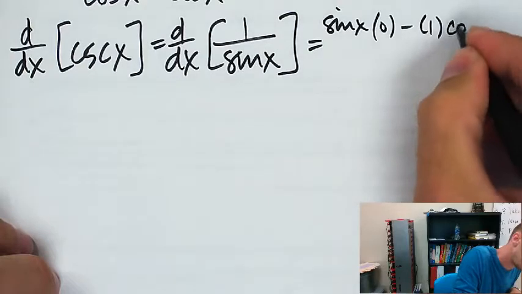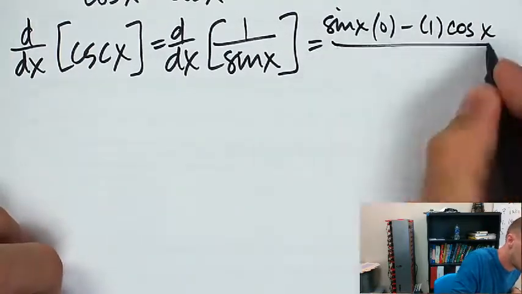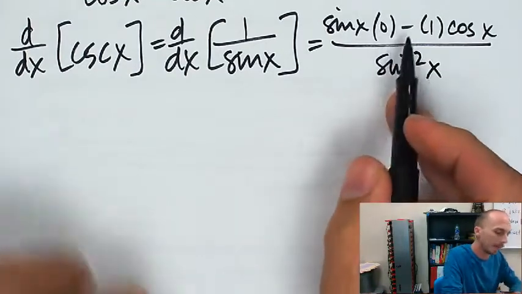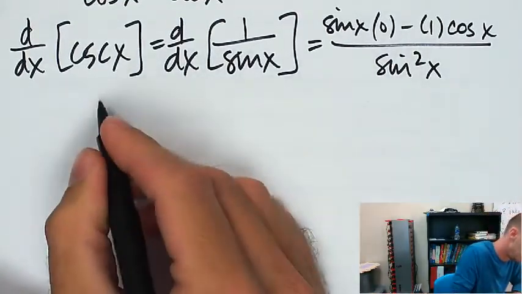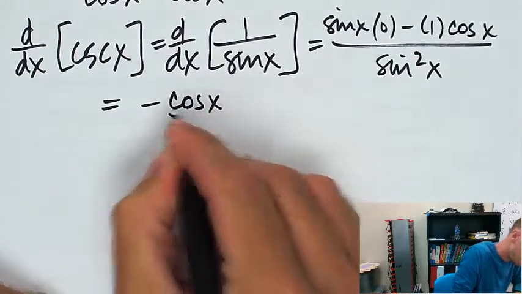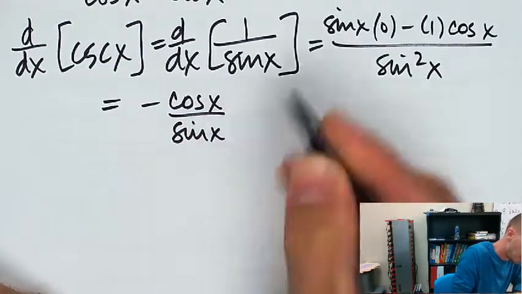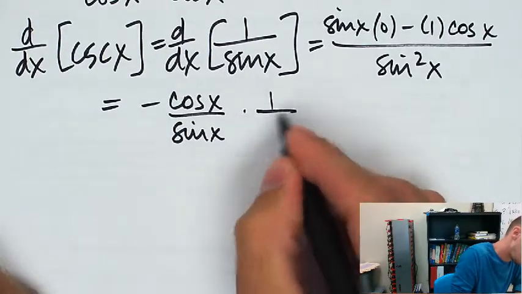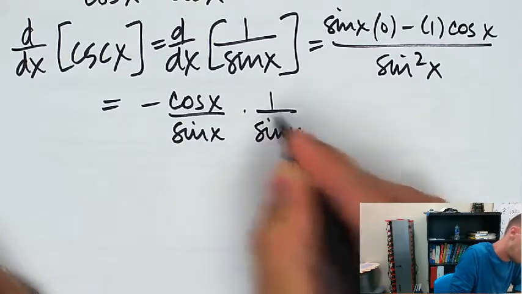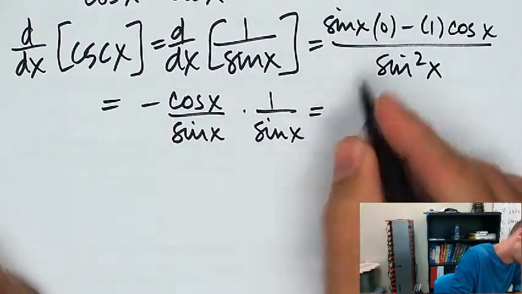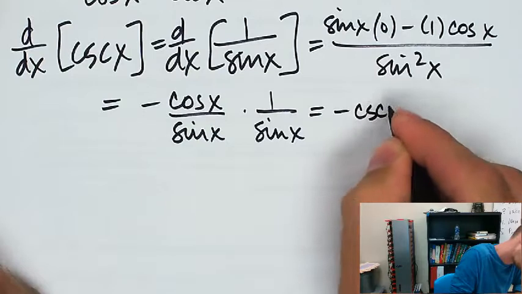Derivative of sine is cosine x, divided by the bottom squared. So what I have is negative cosine over sine, so negative cosine x over sine x times 1 over sine x, and that's negative cosecant x cotangent x.